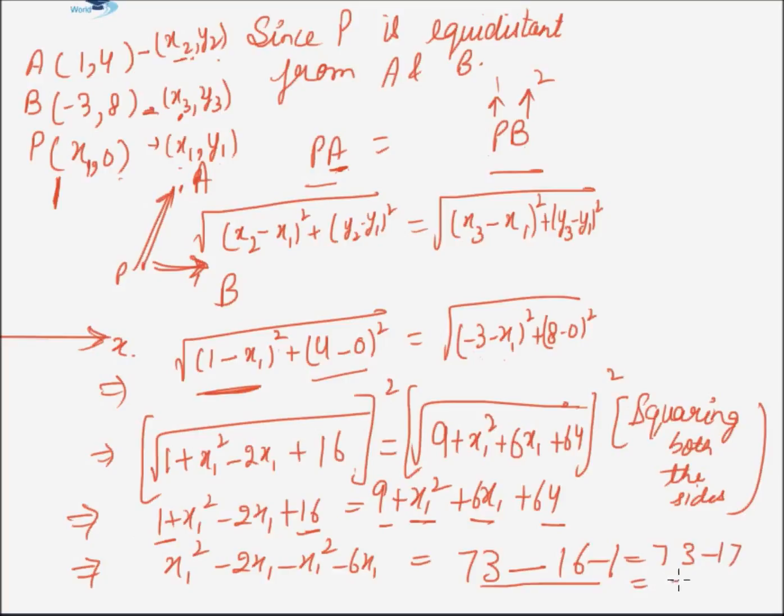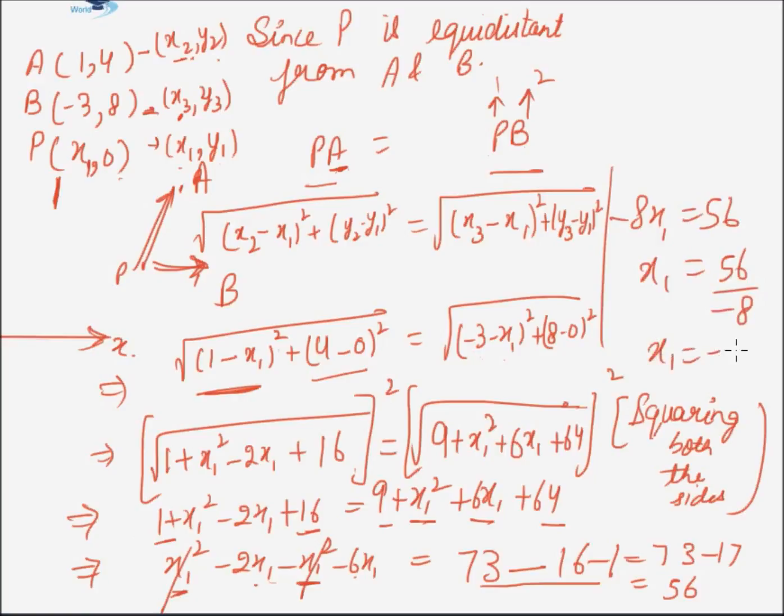Or 56, whereas on the left hand side these two terms will get cancelled. Thus we have minus 8x1 is equal to 56 or x1 is equal to 56 over minus 8 or x1 is equal to minus 7.